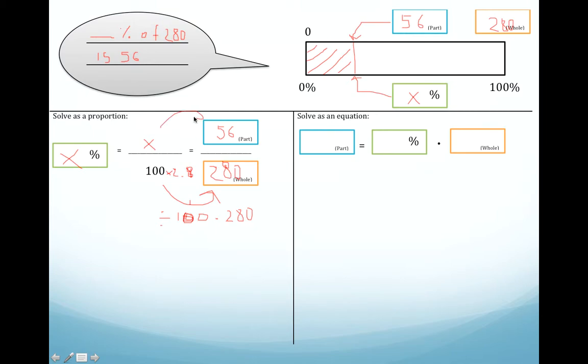What I do to the denominator, I have to do to the numerator. X equals, actually x divided by 100 times 280 equals 56.